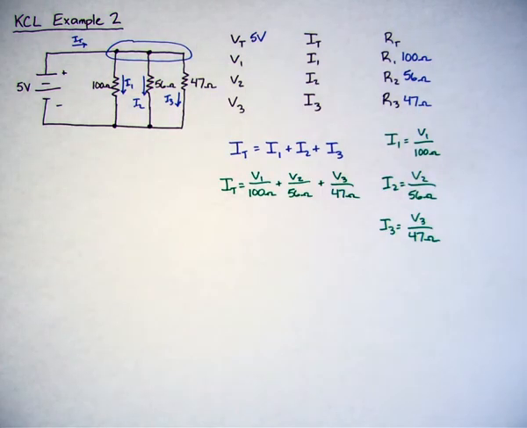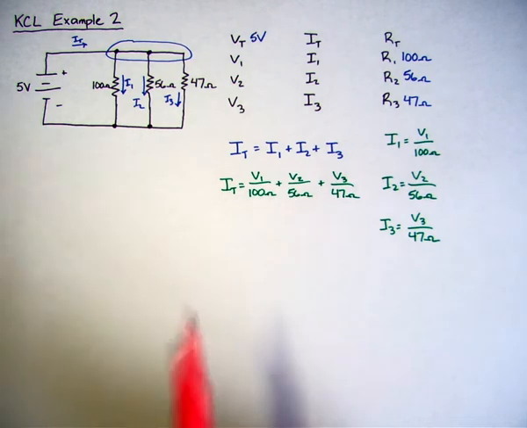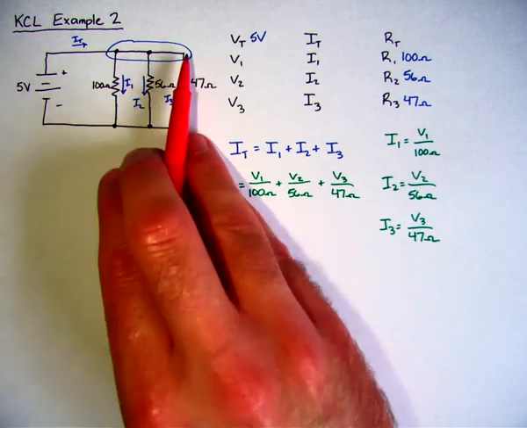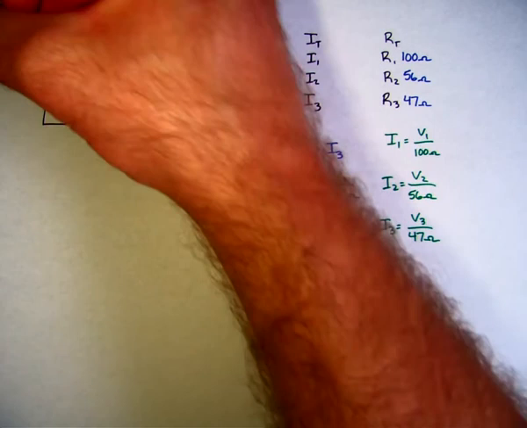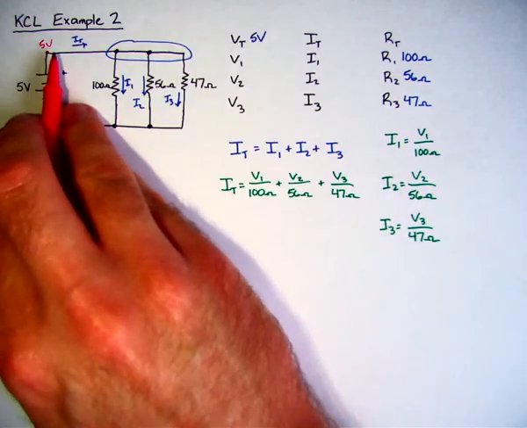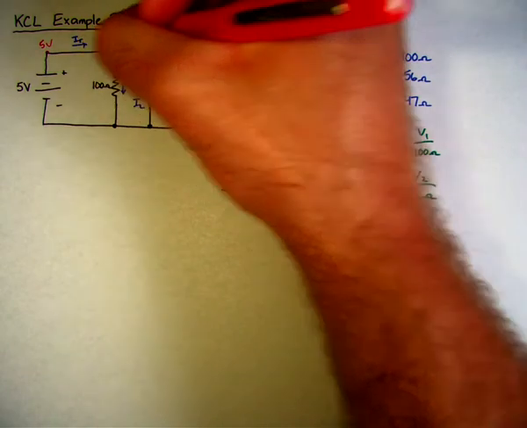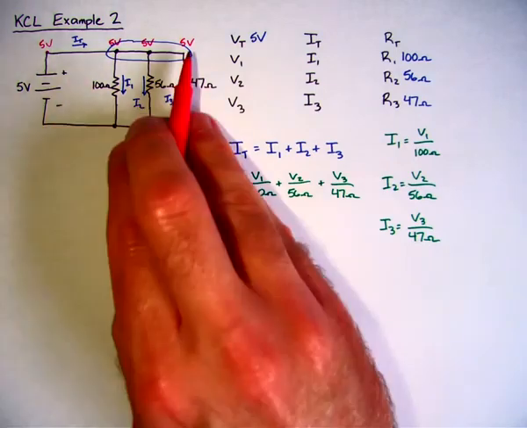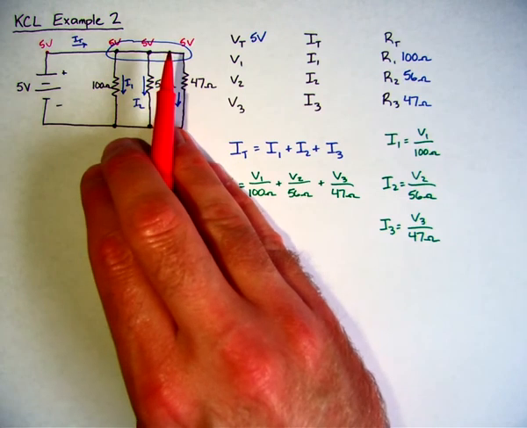Now, since we have a parallel circuit here, and since these are all just connected together, the potential is going to be the same all the way across the top because there's no loss of potential. We have 5 volts of potential out of the power supply, so we're going to have 5 volts everywhere at the top. There's no resistor to cause a loss in potential.